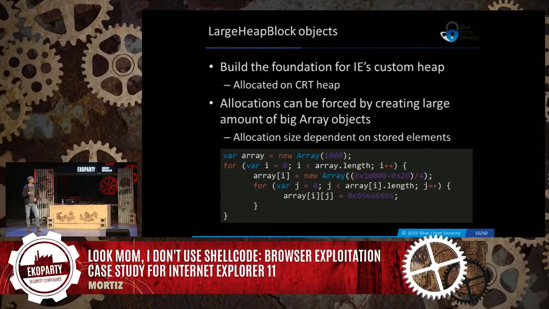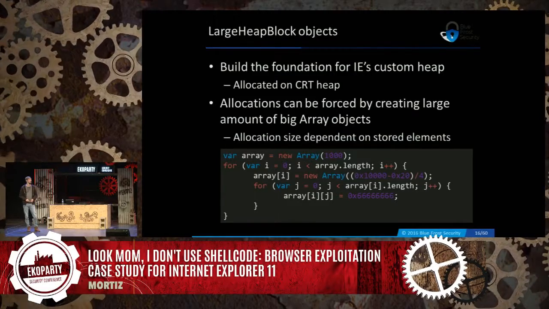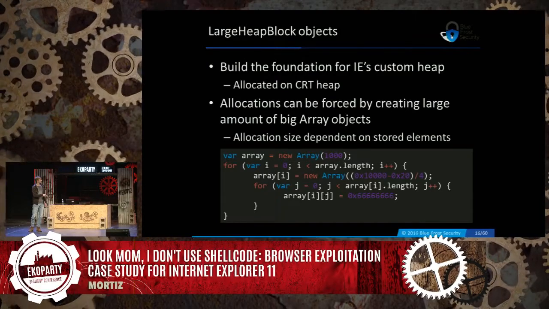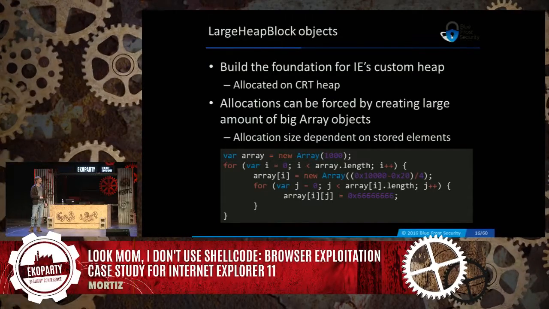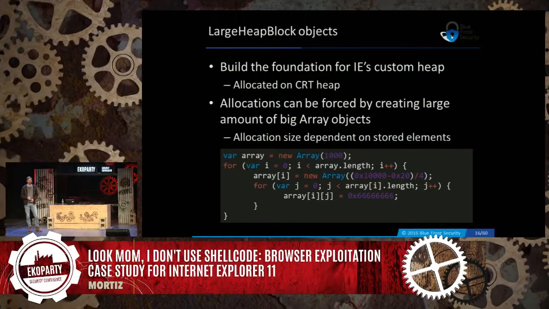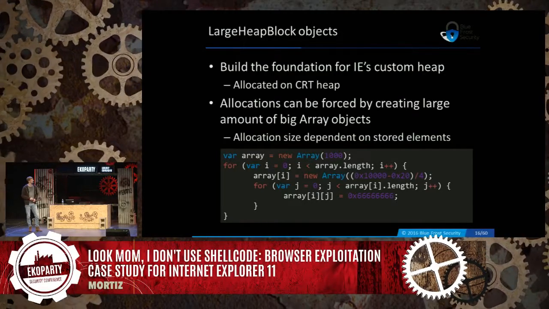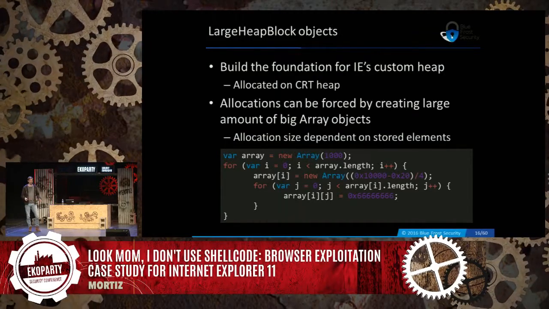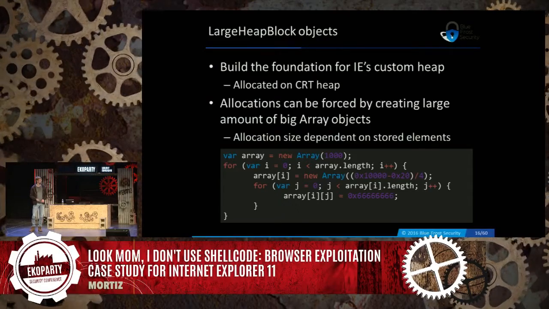This will create large heap block objects on the CRT heap. One thing to note here is that in this case we store integers. If we store something else, like JavaScript object references, the size of the allocated large heap block object will be different. Just keep that in mind because we make use of this fact later on in the exploit.